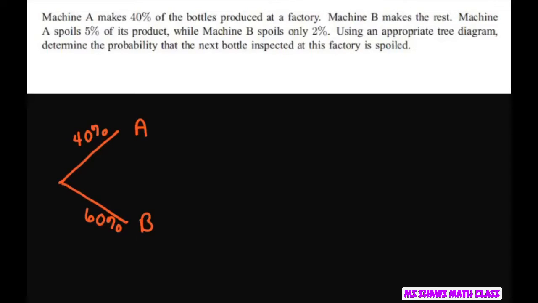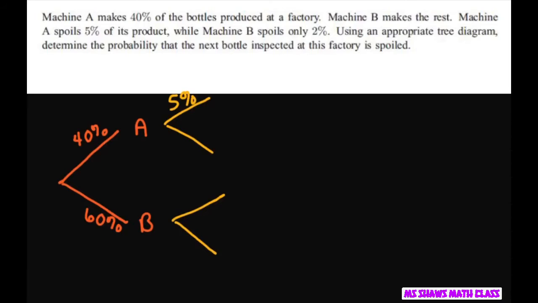Now from there you have to draw it again. So we want spoiled to be 5%.